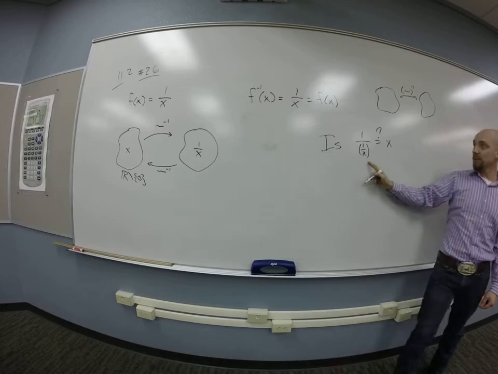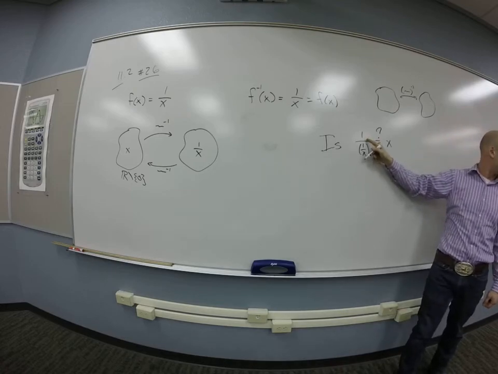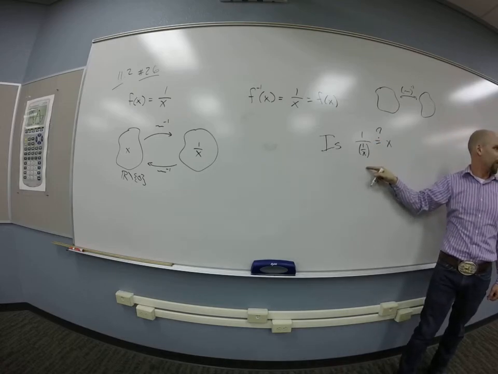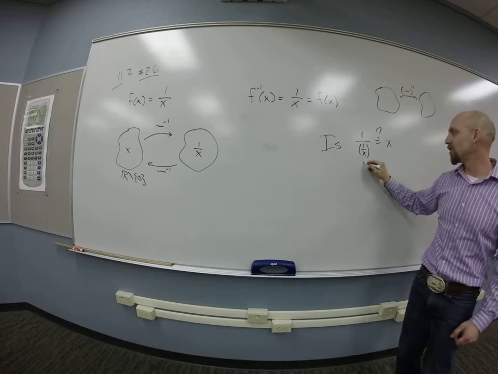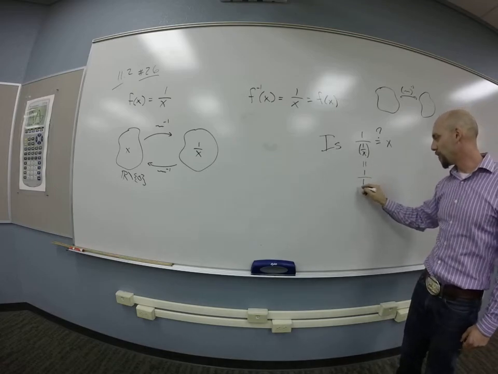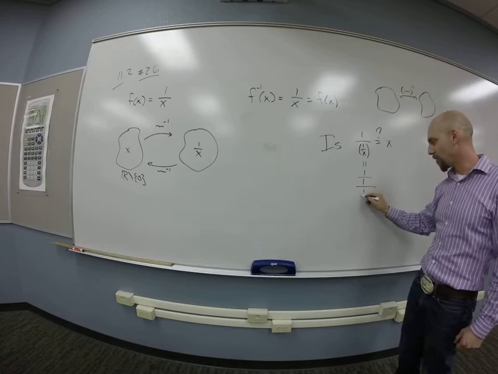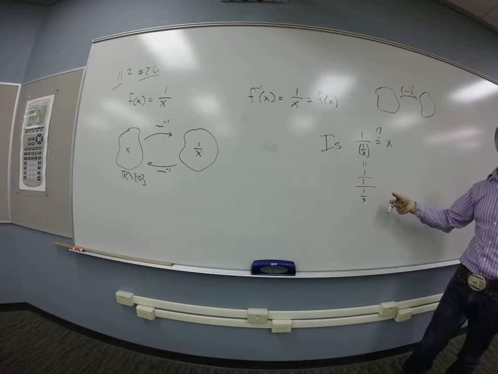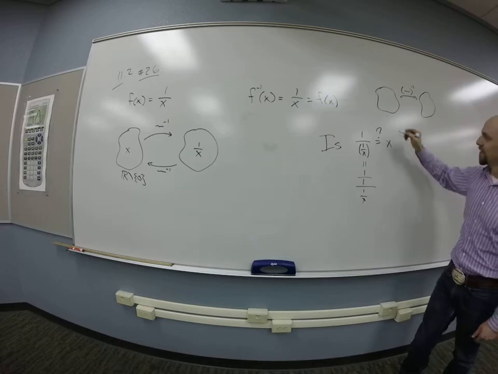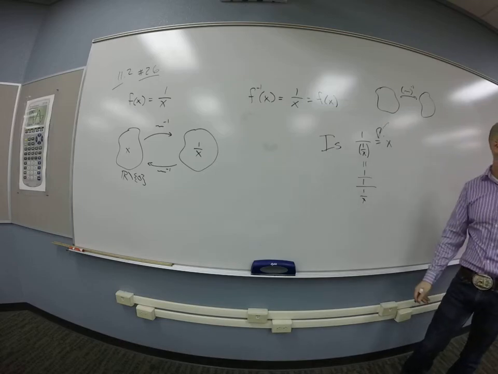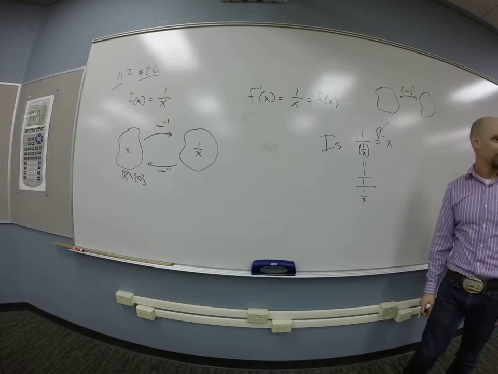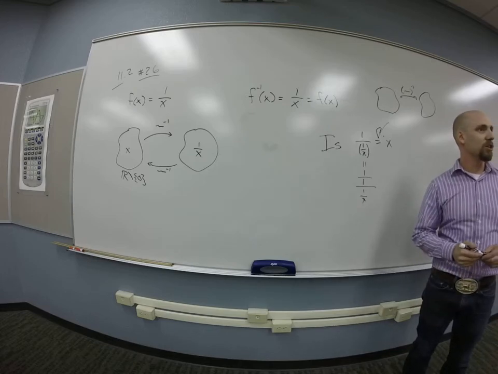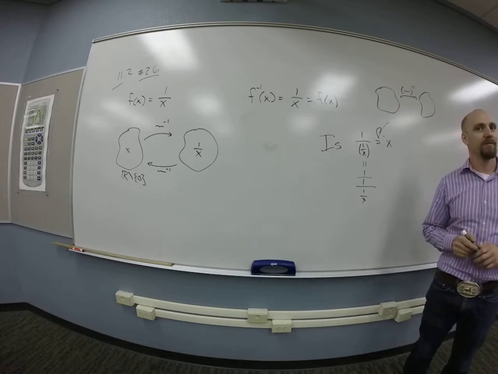So if I was going to calculate this, it's 1 over 1 on the top and 1 over x on the bottom. 1 over 1 all over 1 over x, right? And then I would flip this over and multiply. So it is indeed x. Makes sense. Cool? So these two things undo each other. Good?